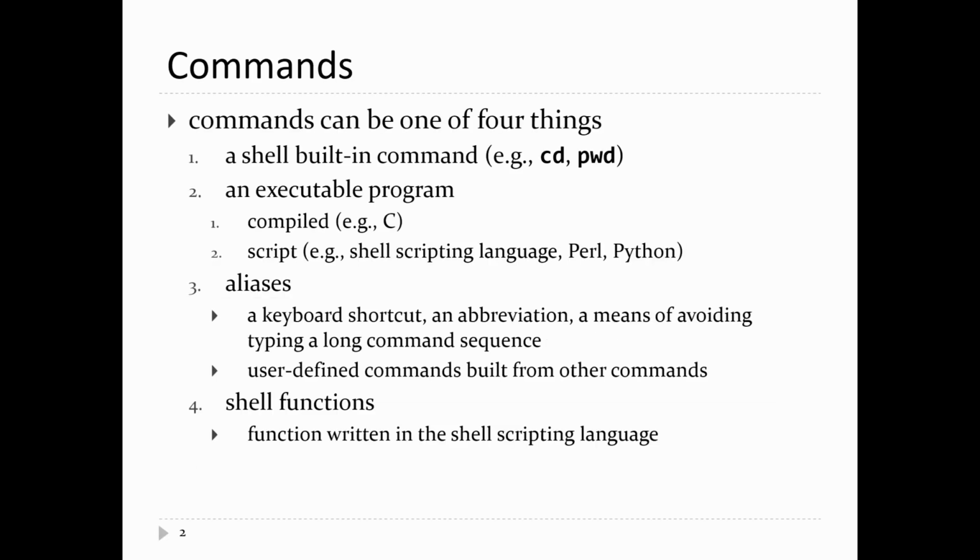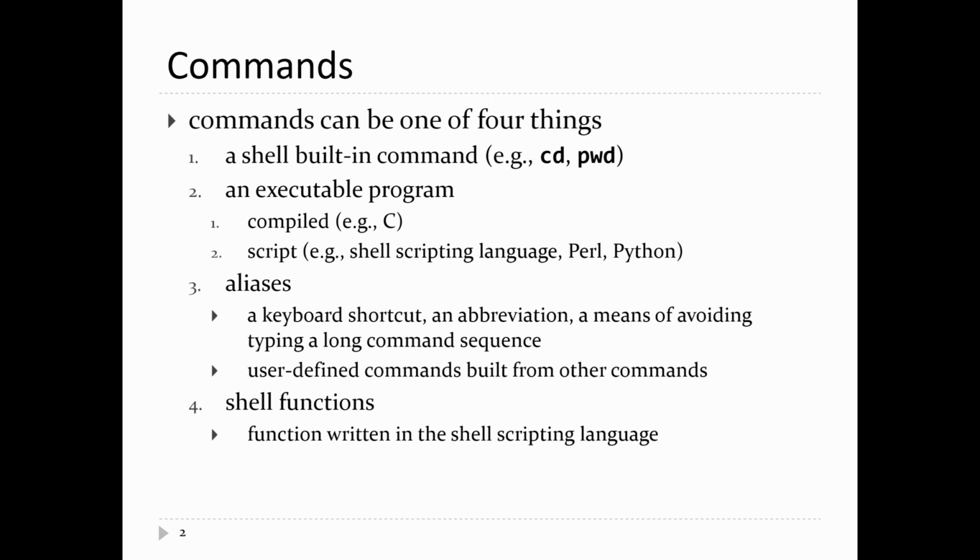These commands that I've been typing into the terminal, they can be one of 4 different things in bash. Either the command is something that bash understands on its own, so it's a built-in command, and we talked a little bit about those in the previous lecture. It can be an executable program, so you could write your program in perhaps some other language, so C or Java or Python, and then you can save it somewhere on your system.